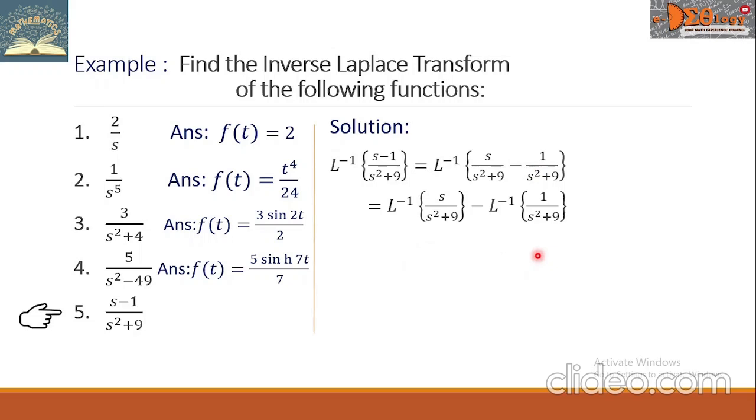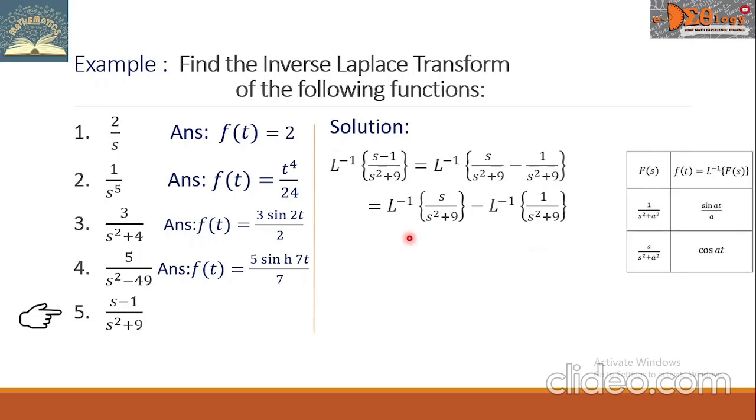Then let us look to our list of formula. In the first fraction here, it corresponds to this formula, that is the s over s squared plus a squared. For this second Laplace inverse, it falls under this category, that is 1 over s squared plus a squared.